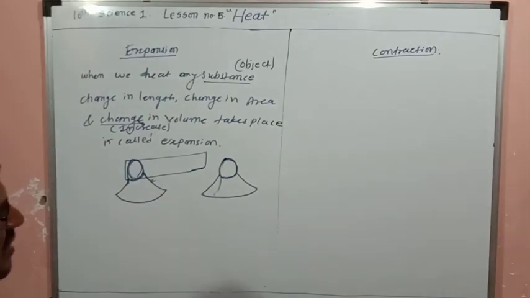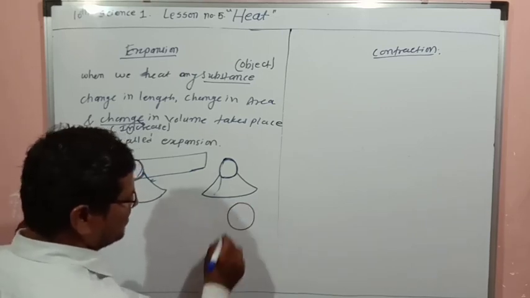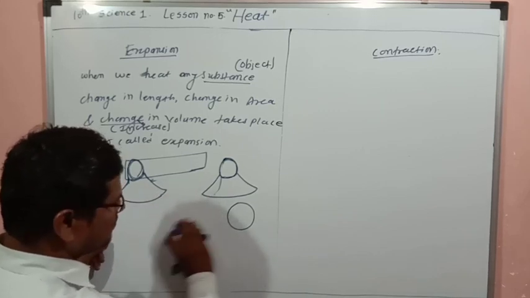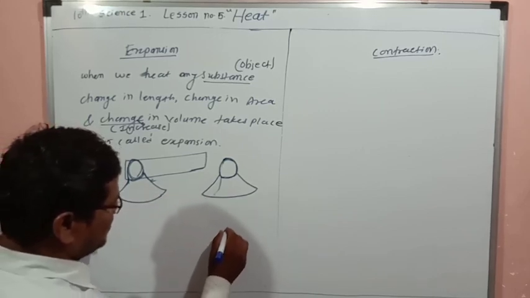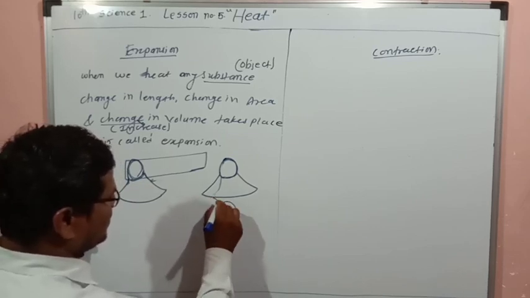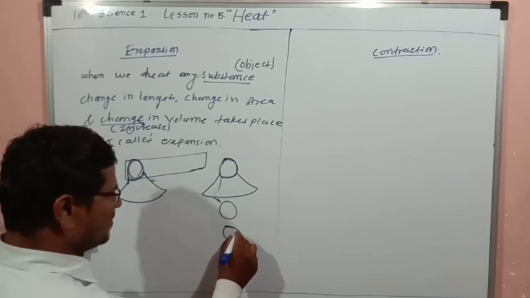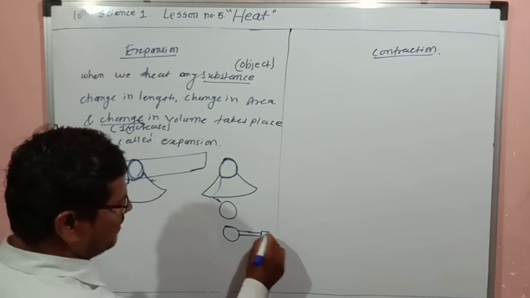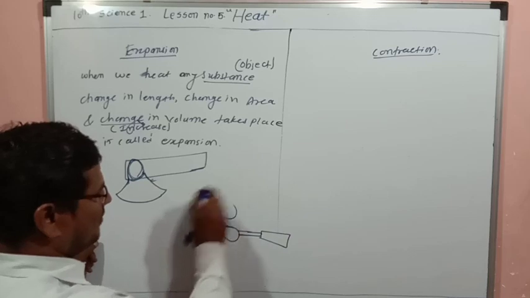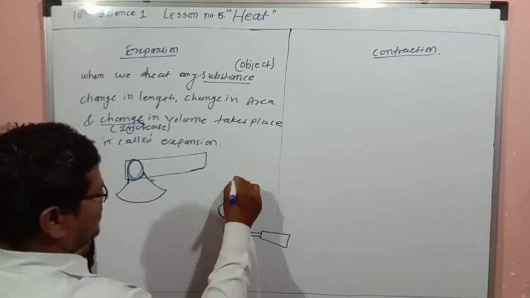So like this way. And another thing is that suppose one ring and ball experiment is there. Suppose one ring is there and one ball is there. This ring you are fixing to one handle, and this ball you would tie to one chain.